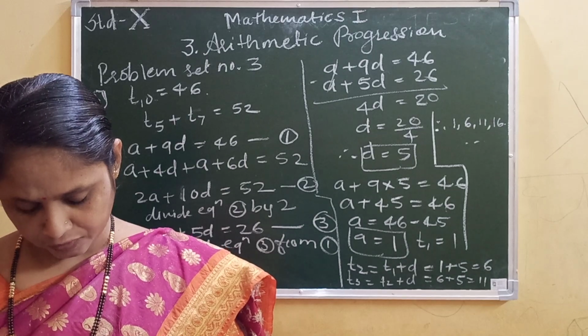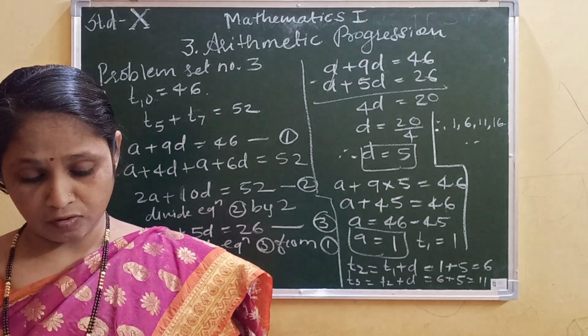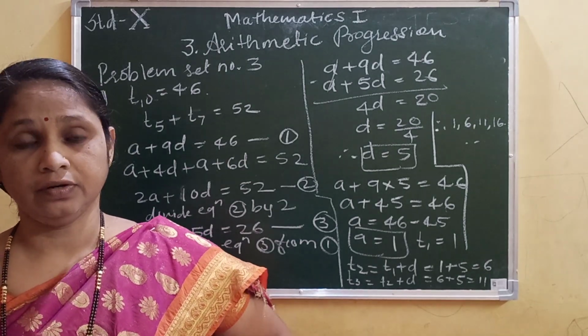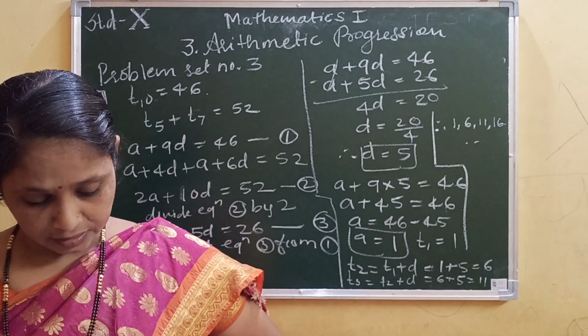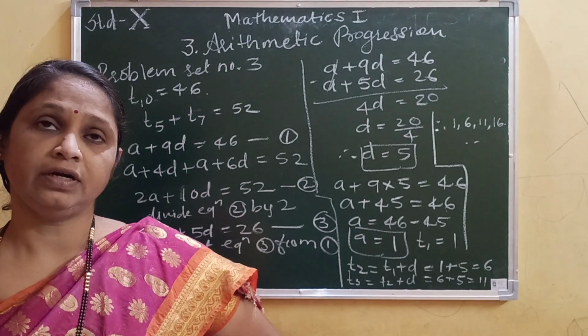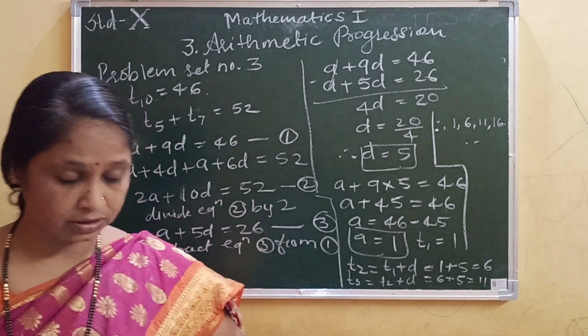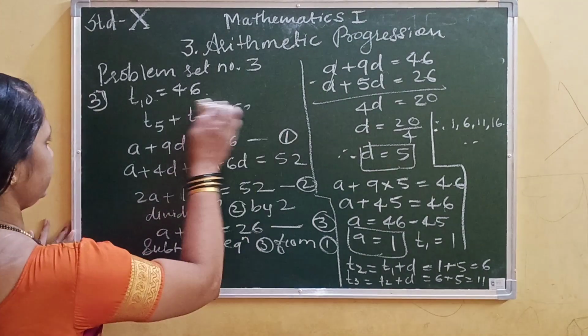Find the sum of first 10 numbers. First you have to find the common difference, and then you have to find the sum of 10 numbers.